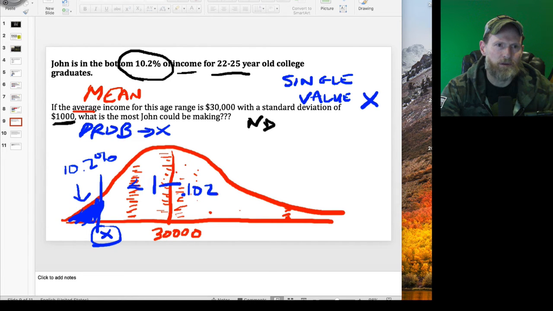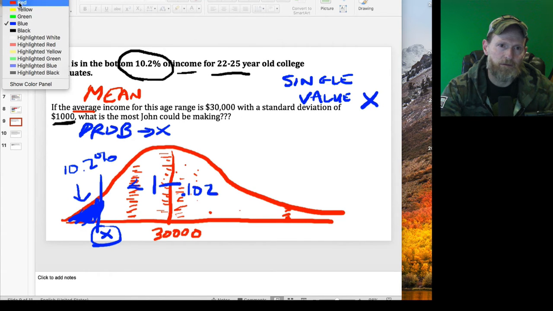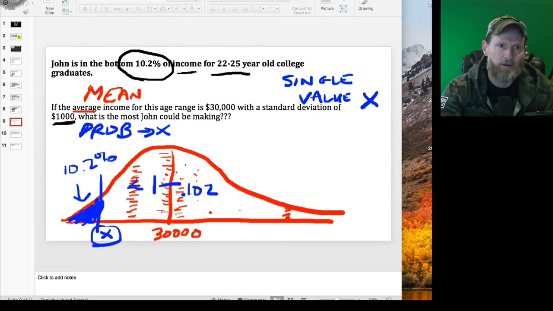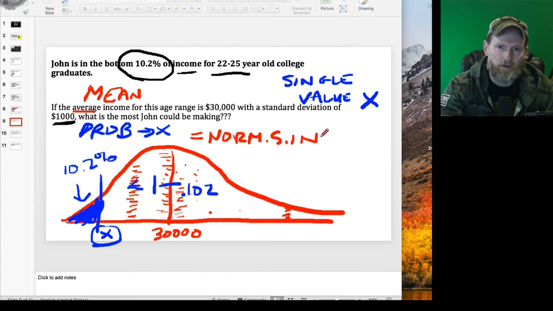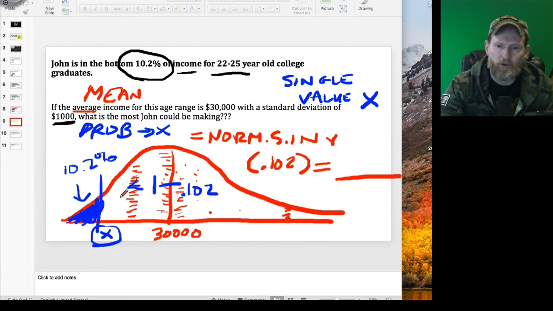If you feel comfortable with it, we could use the Excel inverse function, and we would just enter 0.102, and that should give us that single value x. So let's go ahead and do that.